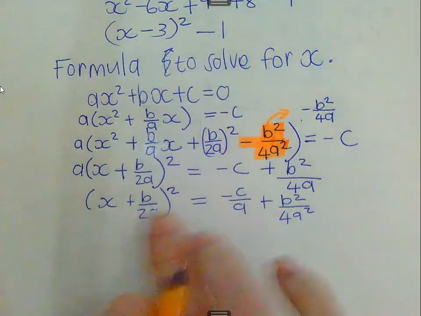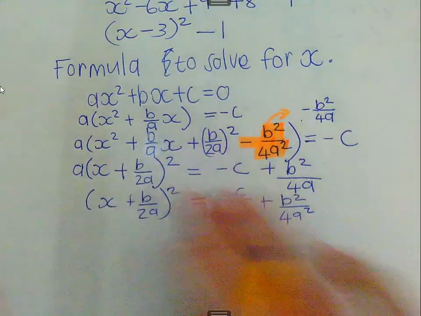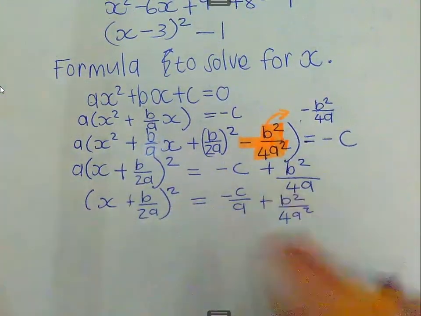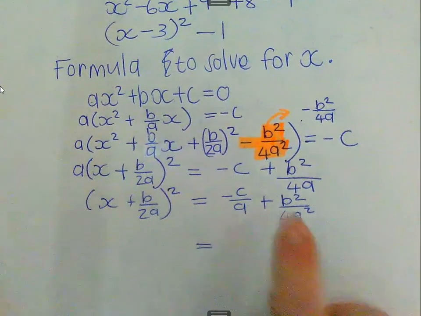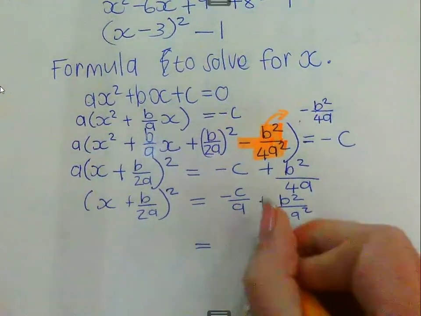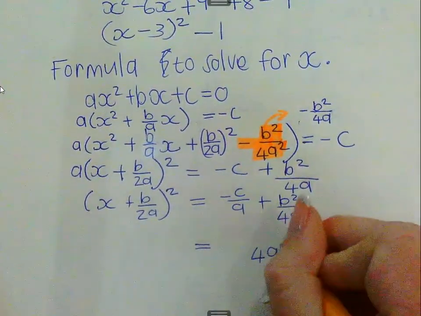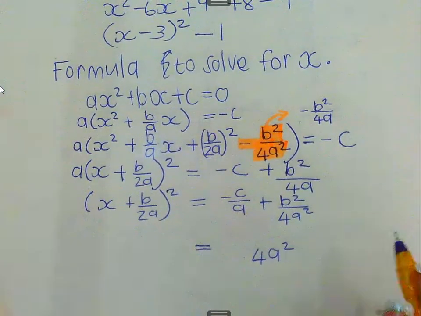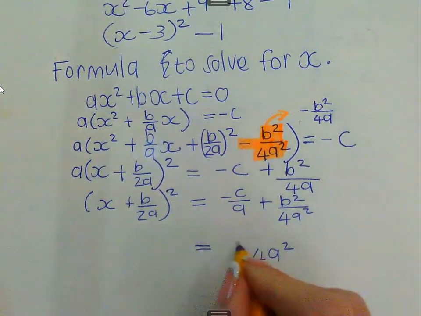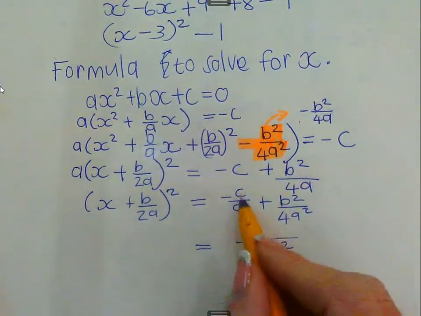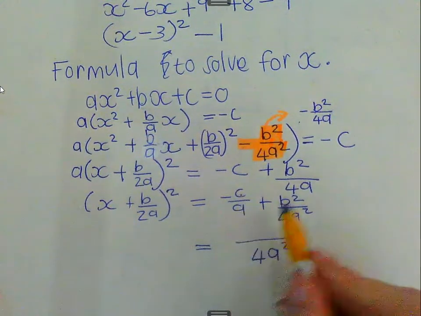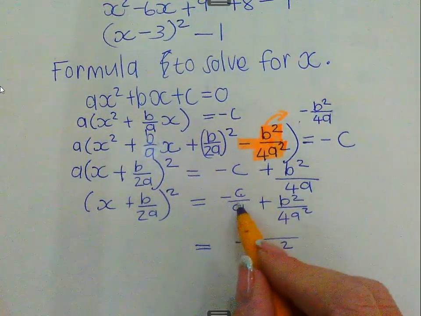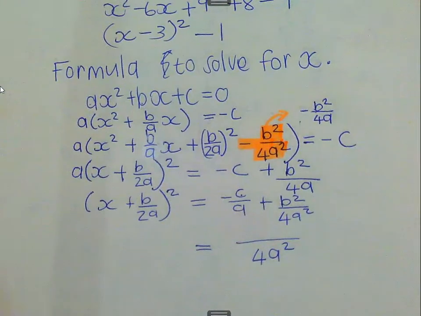Now before I'm going to take the square root on both sides, I want to rewrite this side as one thing. So what will my common denominator be? It will be 4a squared. So this one has to multiply with 4a. Let me just show you.